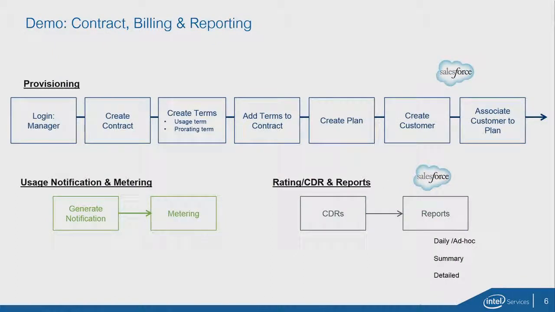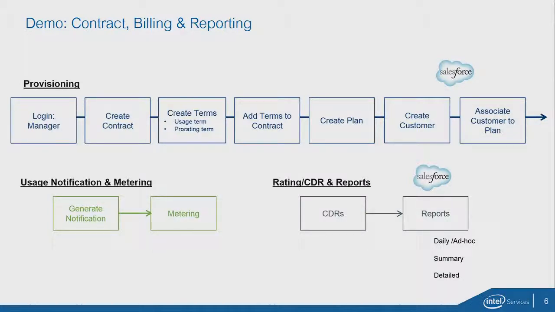So what we have done here is basically 3 different workflows. The provisioning workflow, which is like create the contract, create the rate plan, create the customer, and then associate the customer to the plan, right? So plan here is the rate plan, like what I said, a monthly rate plan.